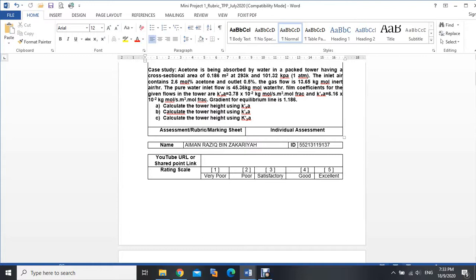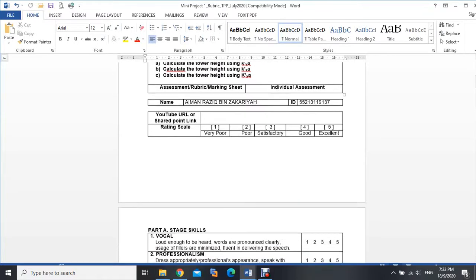The gradient for the equilibrium line is 1.186. There are 3 equations given. Calculate the tower height using K'ya, and b, calculate the tower height using K'xa, and c, calculate the tower height using K'ya. Let's go to the solution.